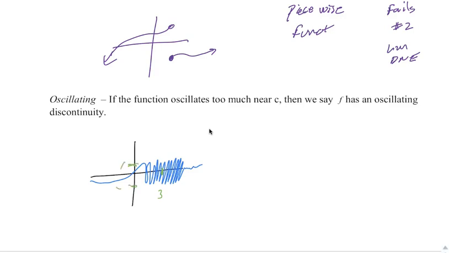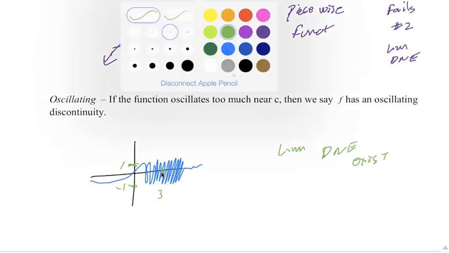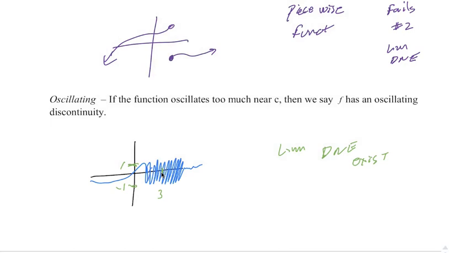Is it -1? It's too hard to tell. It's oscillating up and down there. So in this one, the limit again does not exist. So it fails criteria 2. We don't use these as much, but it is a discontinuity if it oscillates like that. Oscillates really heavily. Maybe I can draw it more crazy. Anyway, something to that effect.